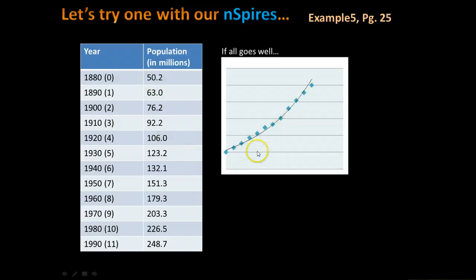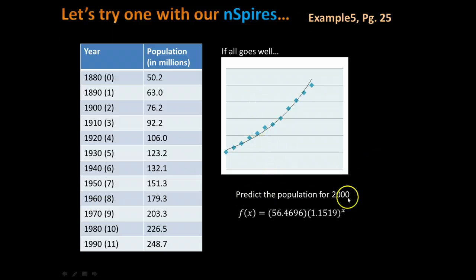And there was our data table, and if all goes well, this is a picture from your book of what the data points look like with the regression equation on top of it. Now we're going to try to predict the population for the year 2000. All we need to do is put 2000 into our regression equation.